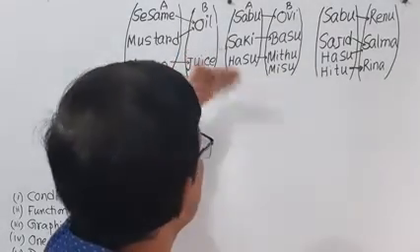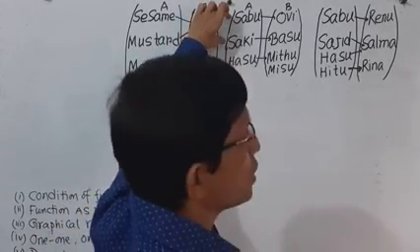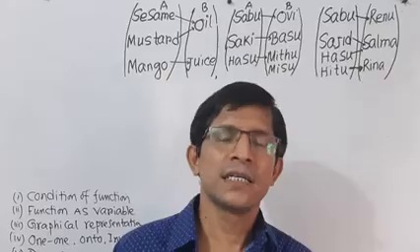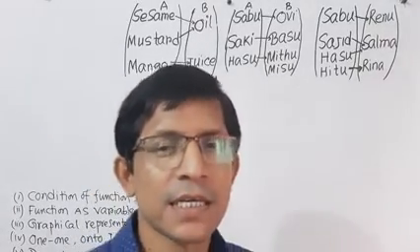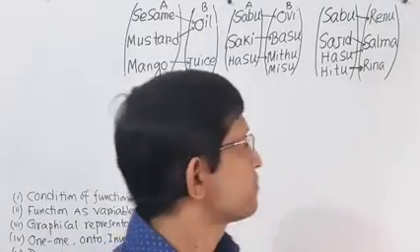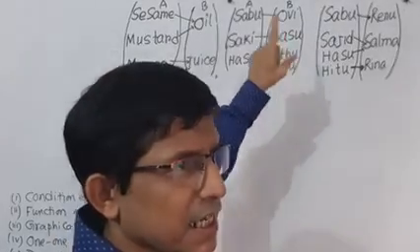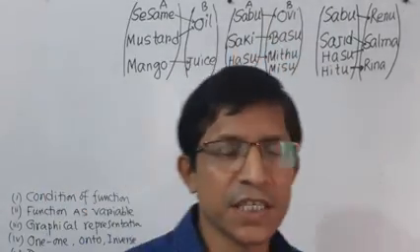Or we can define it in this way: no two individual elements have the same image in the second set. What is an image? An image is the element of the second set that is related from the first set.